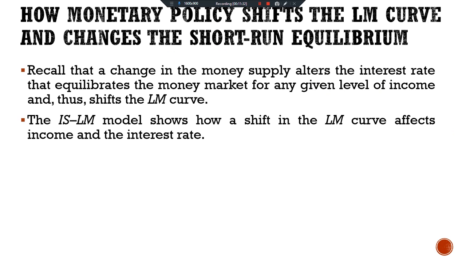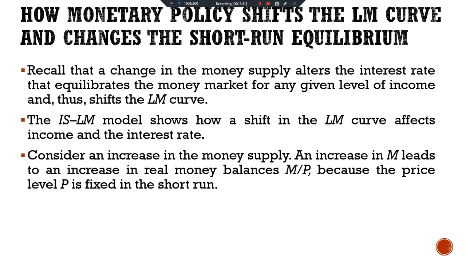The IS-LM model shows how a shift in the LM curve affects income and interest rate. Consider an increase in the money supply. An increase in M leads to an increase in real money balances M over P, because the price level P is fixed in the short run.